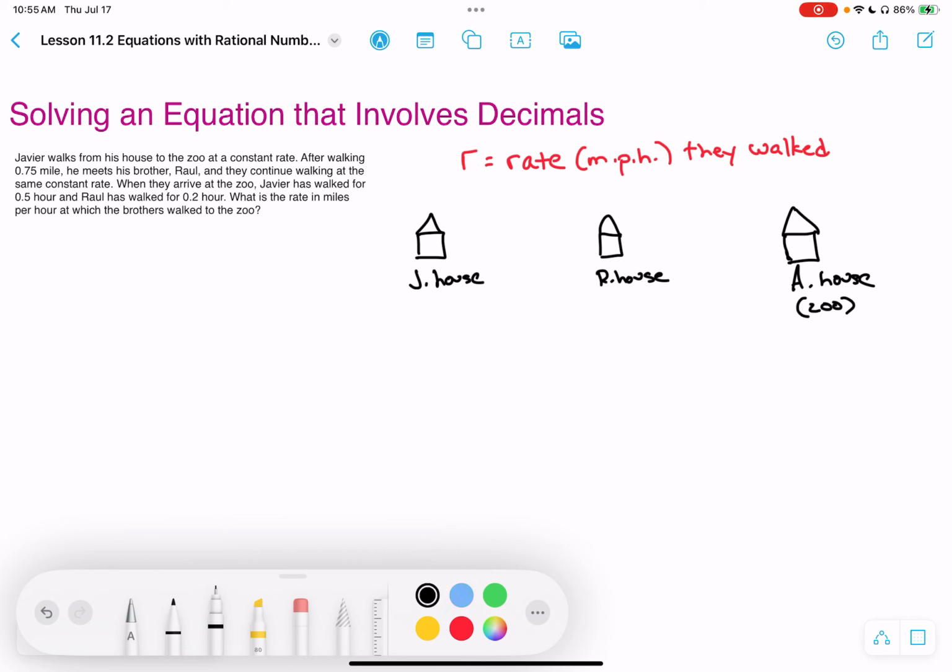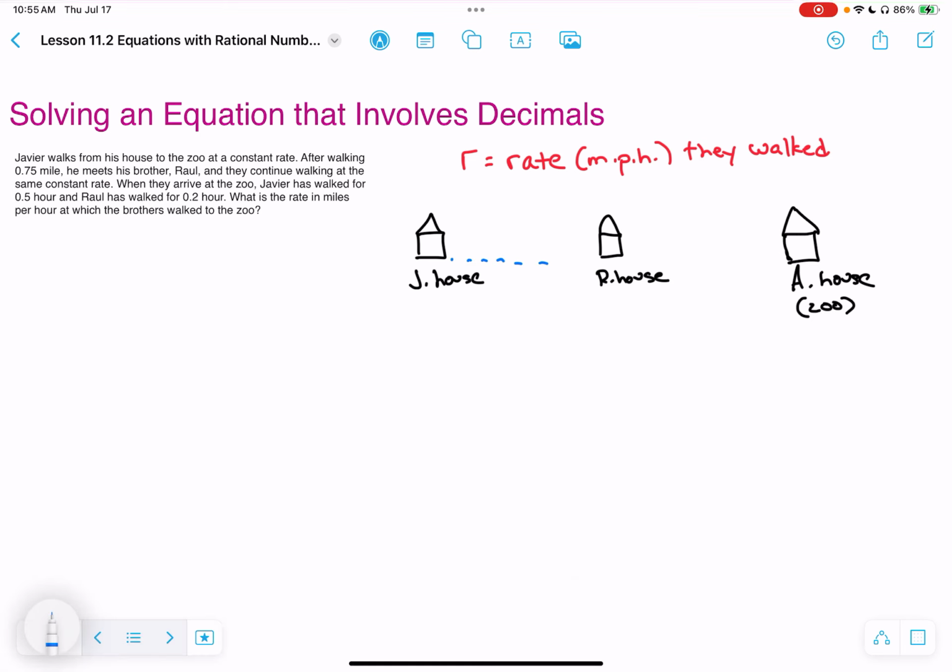Okay, so it says Javier walks for 0.75 miles and he meets Raul. Actually, it doesn't say that he meets Raul at his house, but we'll just assume he does. He meets Raul somewhere. And when they arrive at the zoo, Javier has walked for half an hour and Raul has walked for 0.2 hours.